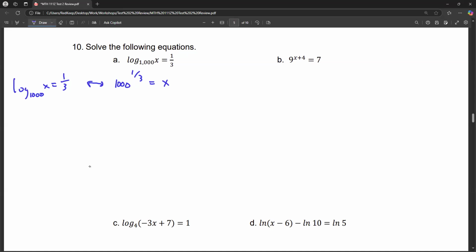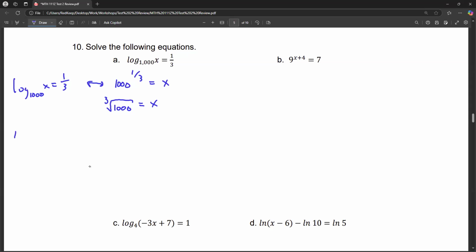Okay, so what we should do here, if it's not obvious, is we could think about this with our calculator and just punch this in if you wanted. The 1/3 exponent is actually representative of the third root. So I think we can logic our way through this. The third root is asking us what number times itself 3 times is equal to 1,000.